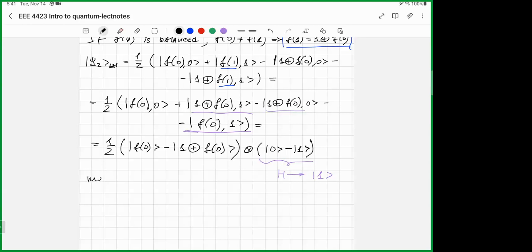So the measurement gives me 1 in this state. So if the measurement gives 1, we conclude that the function is balanced.